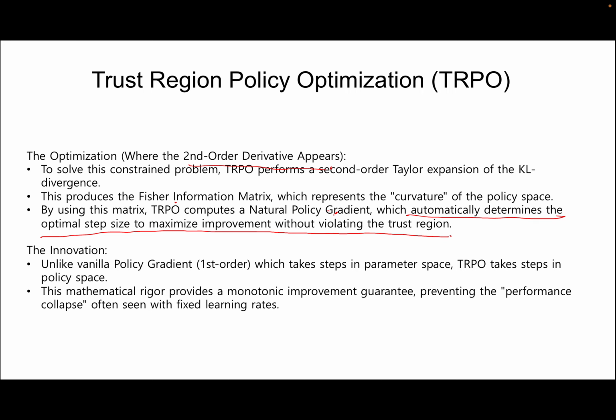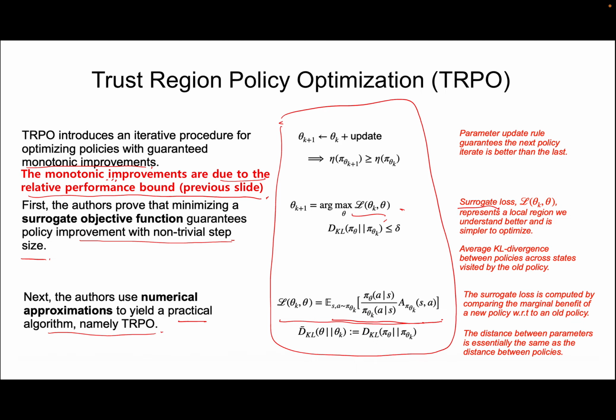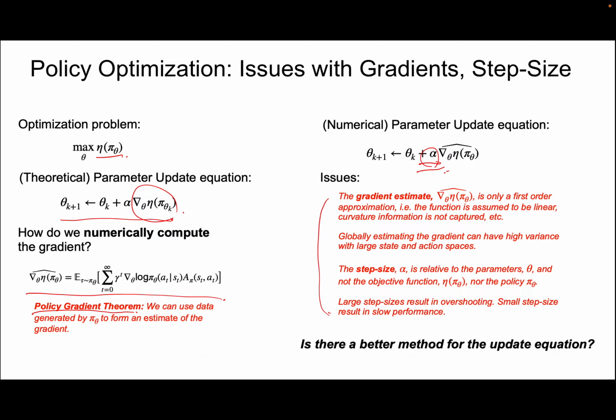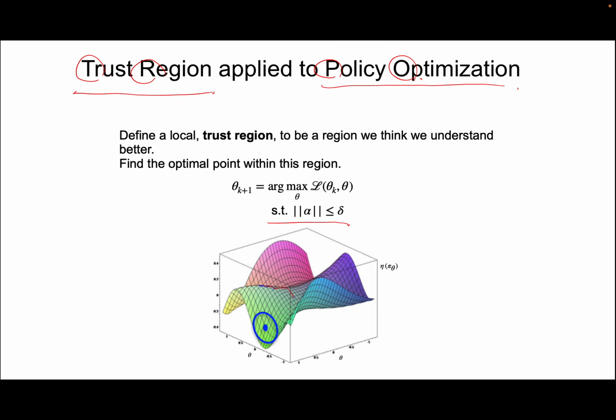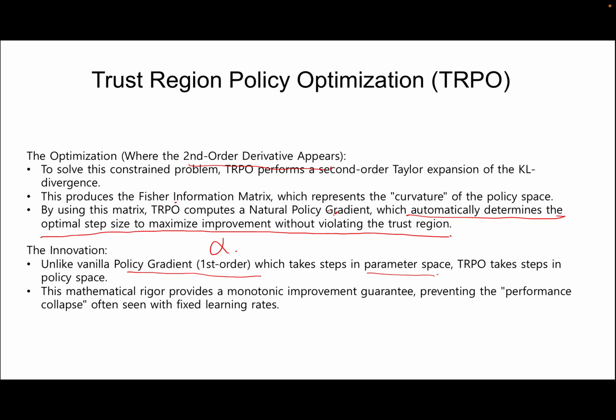The important thing is that vanilla policy gradient, first order, takes steps in parameter space with a predefined learning rate, alpha. Here, alpha. The previous PG, vanilla PG, the original policy gradient, used alpha as a scalar constant. But with the second order derivative, TRPO can automatically figure out the optimal or maximal step size that does not violate the trust region.